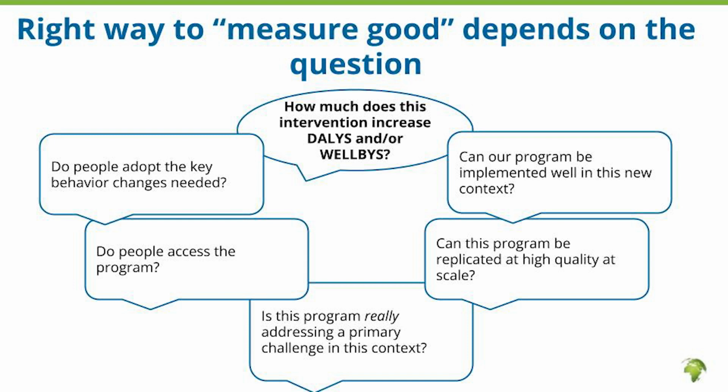So, for example, you might first want to ask this one on the bottom: is this program really addressing a challenge in that particular context? So let's say you're looking at rolling this out in East Africa. What is the prevalence of malaria in East Africa? What is the current use of bed nets in East Africa?